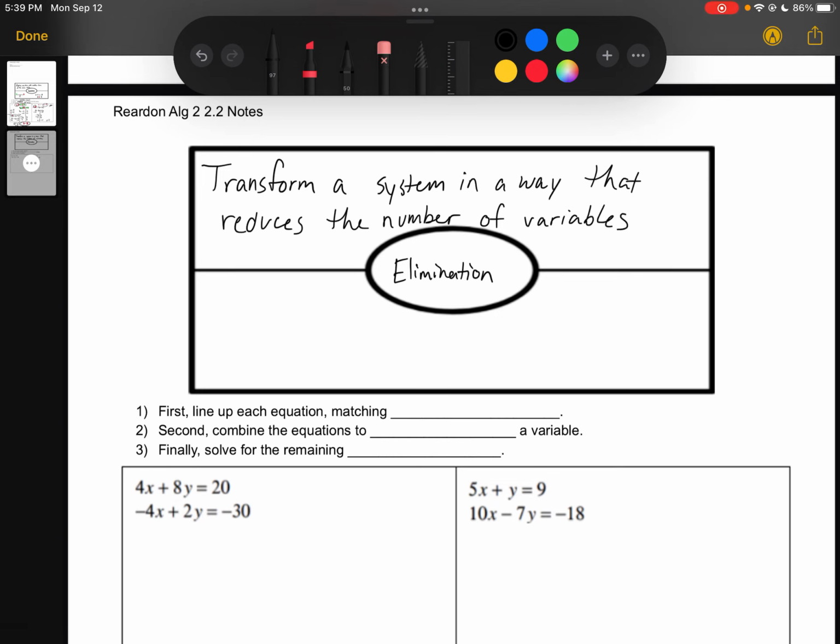So what our goal is, if we have a system, so let's say we have two equations, and let's say the variables are x and y, after we've done elimination, that's going to lead us to reducing it. So what we're going to see is we are now going to go from two variables to just one variable.